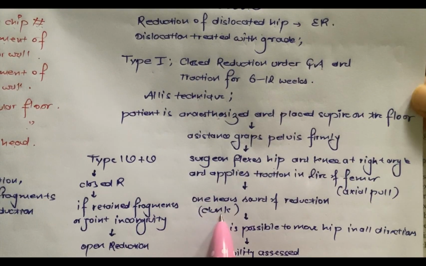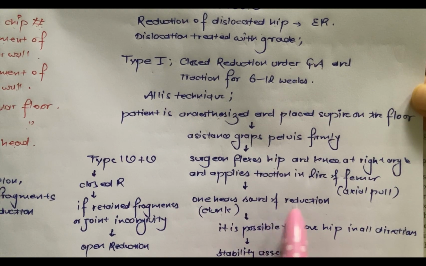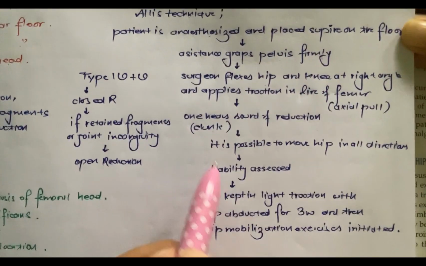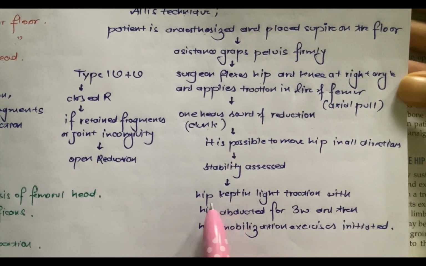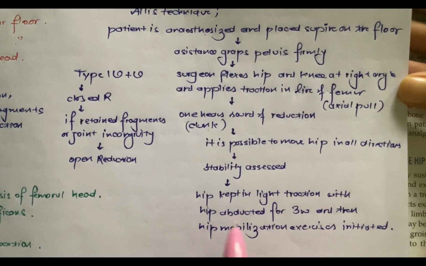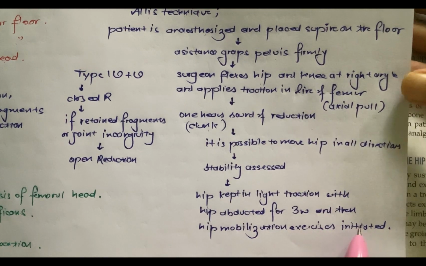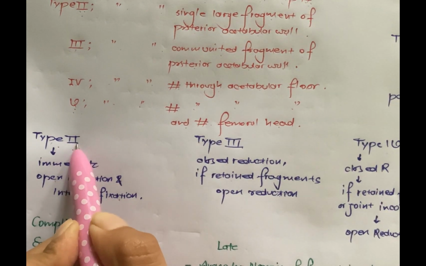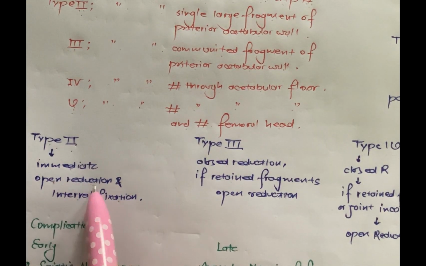Once the clunk sound is heard, which is the sound of reduction, it is possible to move the hip in all directions and the stability is assessed. Then the hip is kept in light traction with the hip abducted for 3 weeks, and then hip mobilization exercises can be initiated.